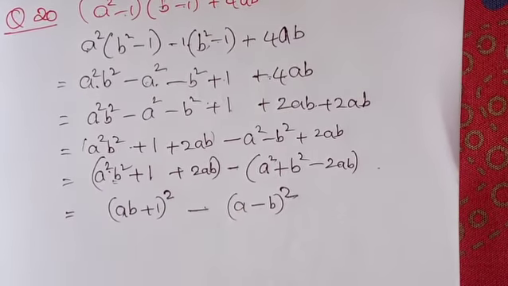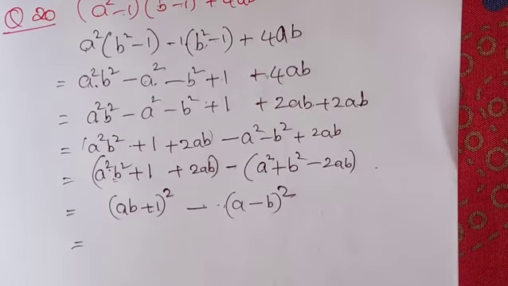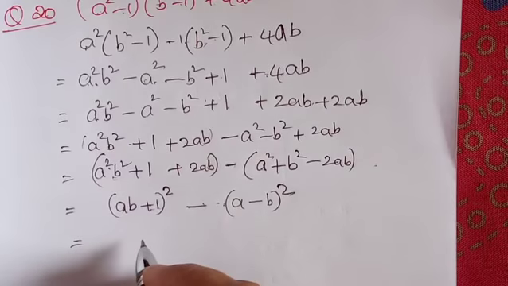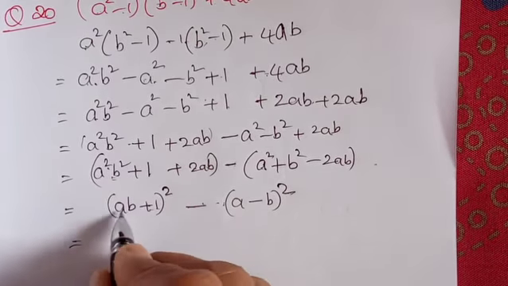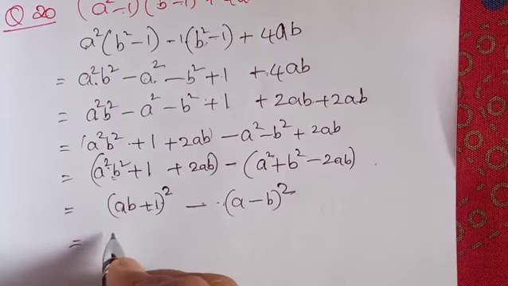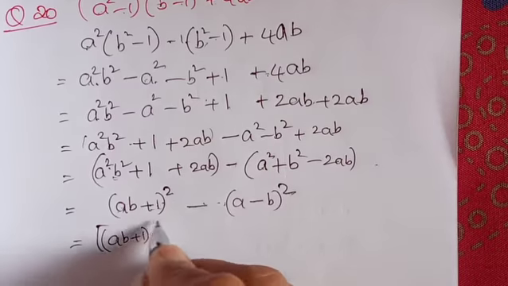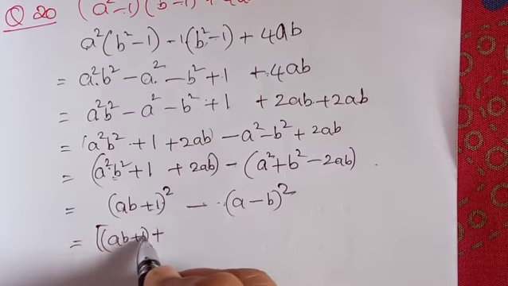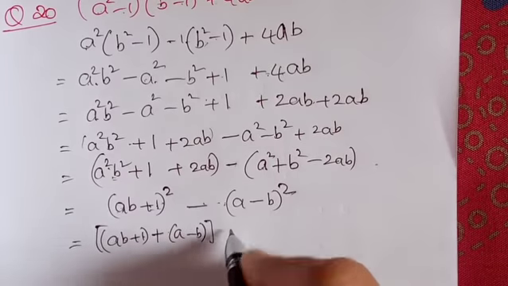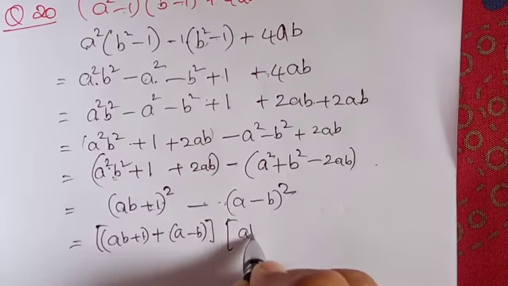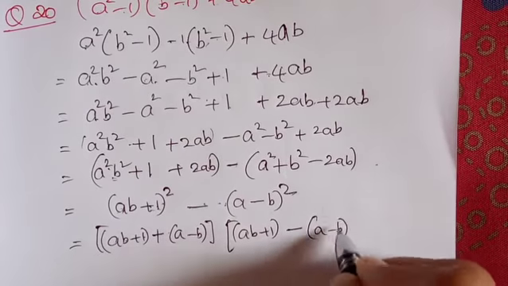Okay, children, now this is again difference of squares. Difference of squares is what? a square minus b square equal to a minus b into a plus b. So now this is a, this is b. So ab plus 1, for the first step I am writing them into the bracket: ab plus 1 plus a minus b, next ab plus 1 minus of a minus b.